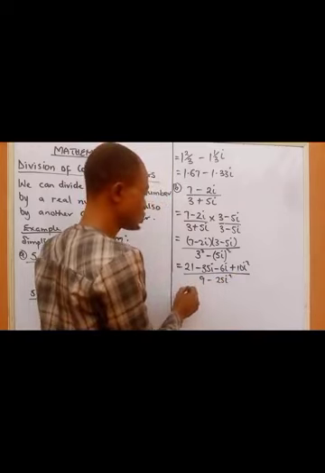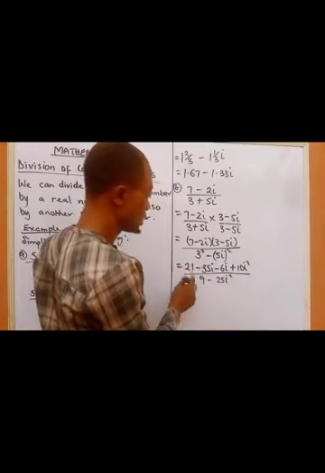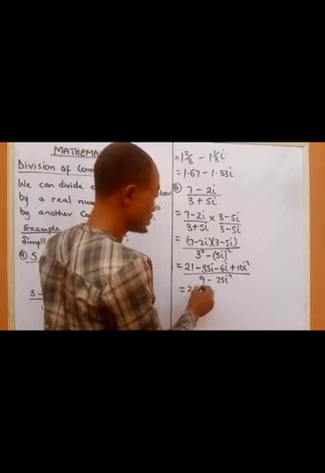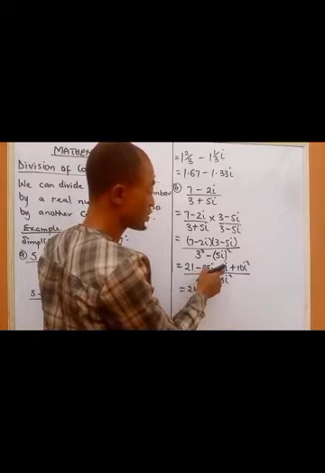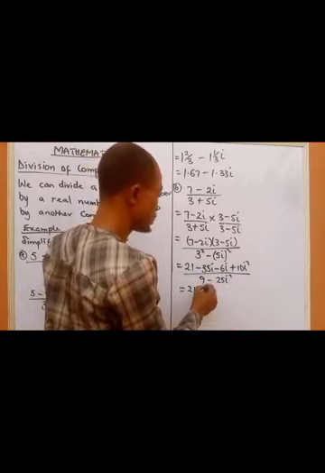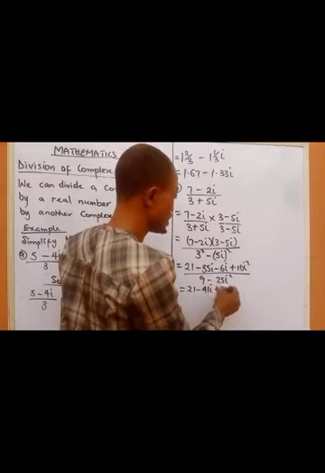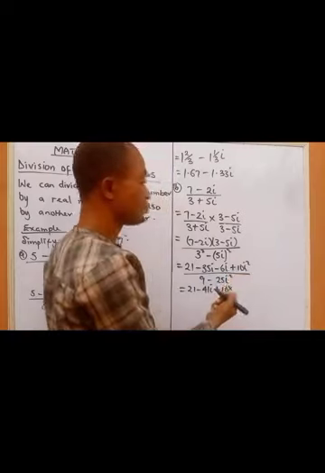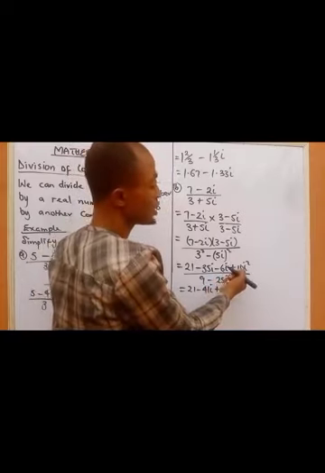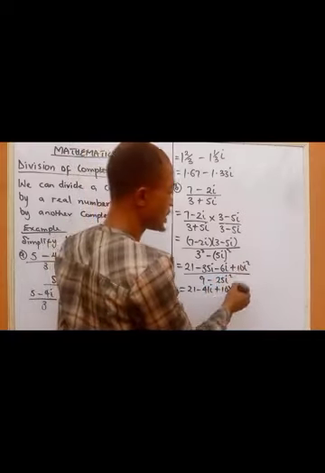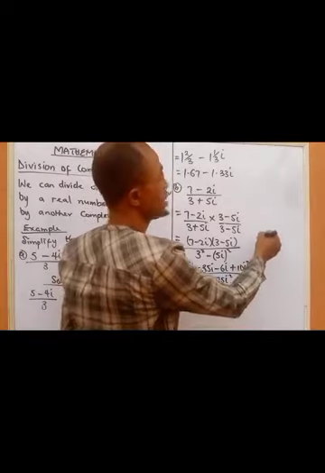So this will be equal to 21 minus 35i minus 6i, that will give us minus 41i, then plus 10 times i squared.